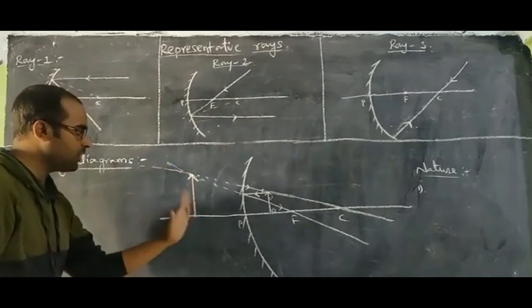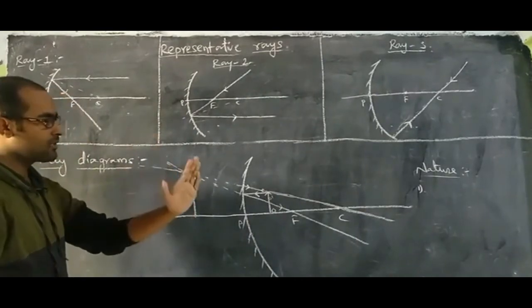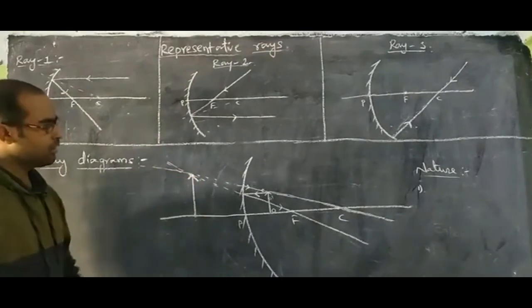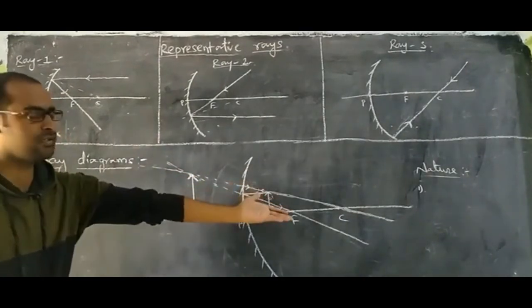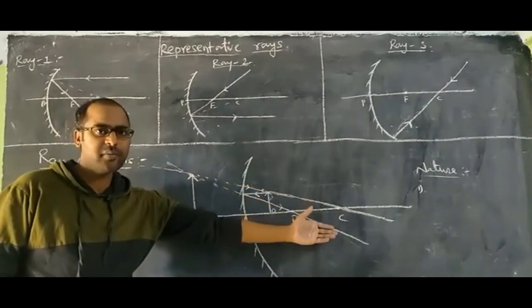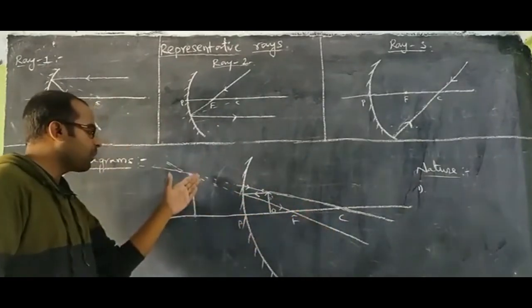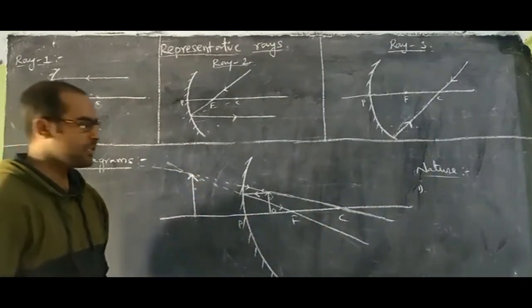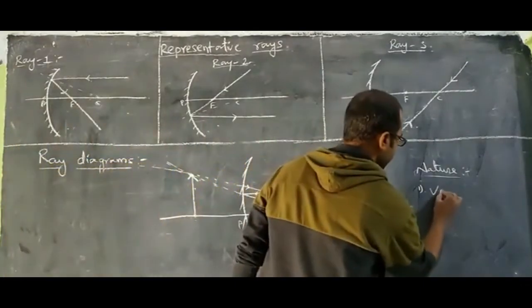So the image will be formed inside the mirror, and let's see the nature here. Is it real or virtual? It is formed inside the mirror. We did not get the image on a screen, right? Yes, it is a virtual image.